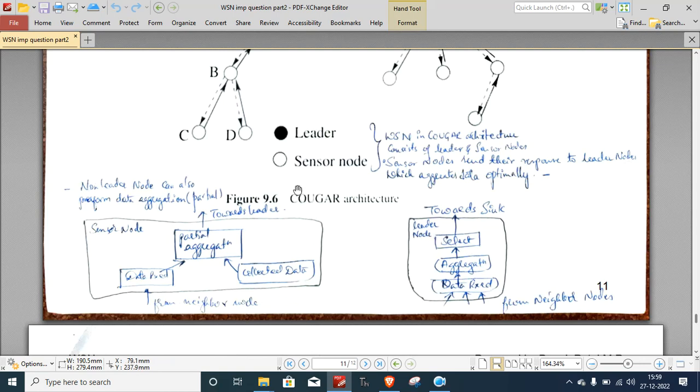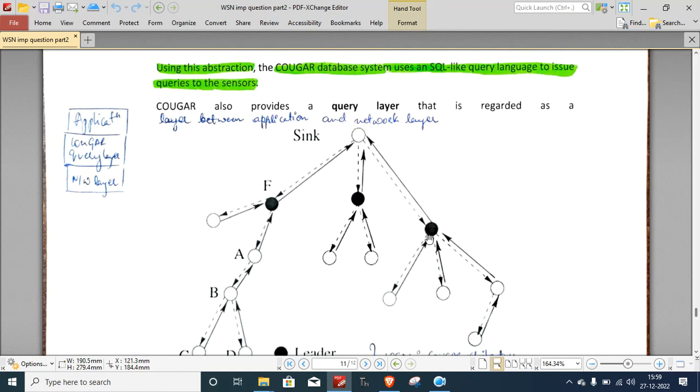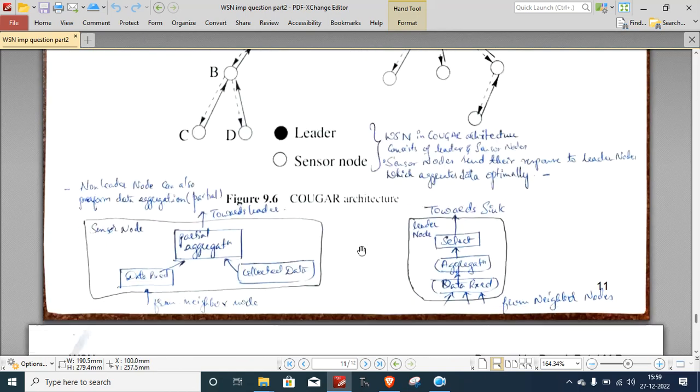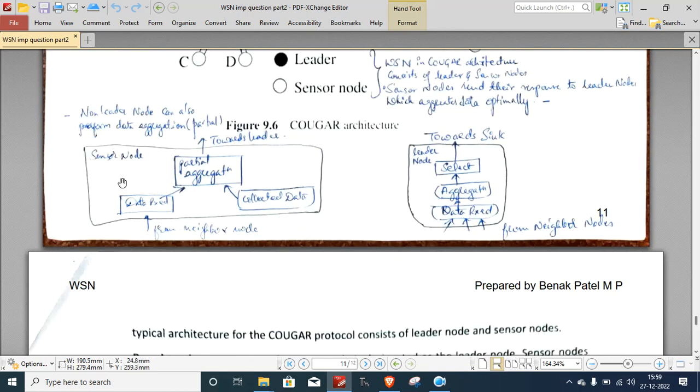So here we can see what happens inside a sensor node and what happens inside that of a leader node. So whenever COUGAR is asked, we have to write this hierarchical structure and write down what's actually happening inside a sensor node. So let's zoom in a bit.